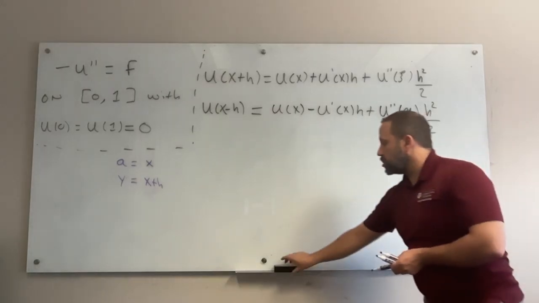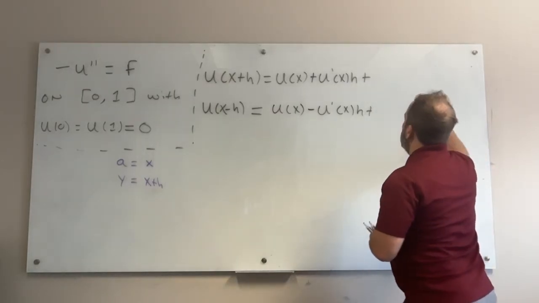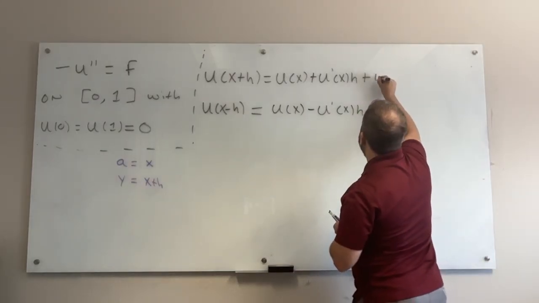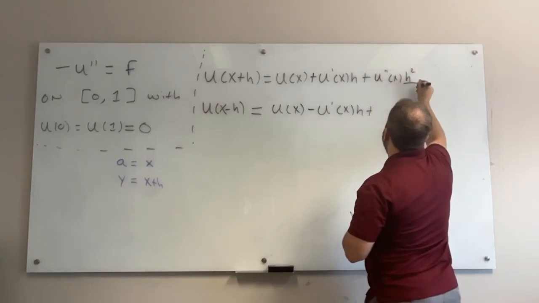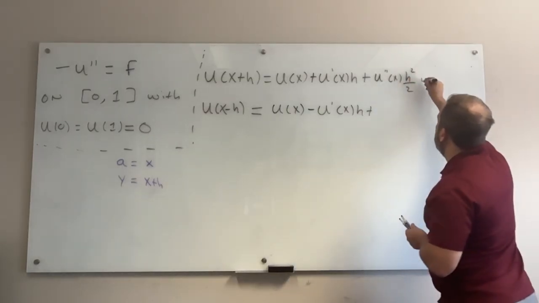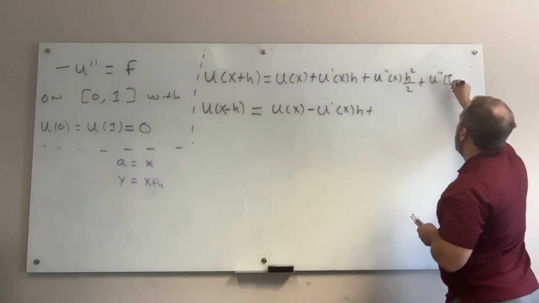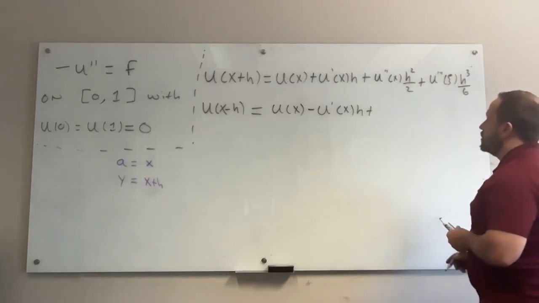Okay, now we can also extend these. So if I wanted to look at this, I could extend this to u double prime of x times h squared over 2 plus u triple prime of c times h cubed over 3 factorial, which is 6.